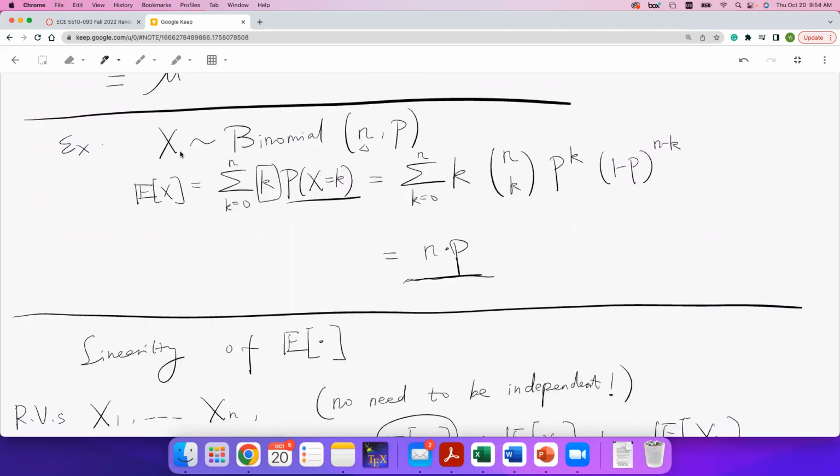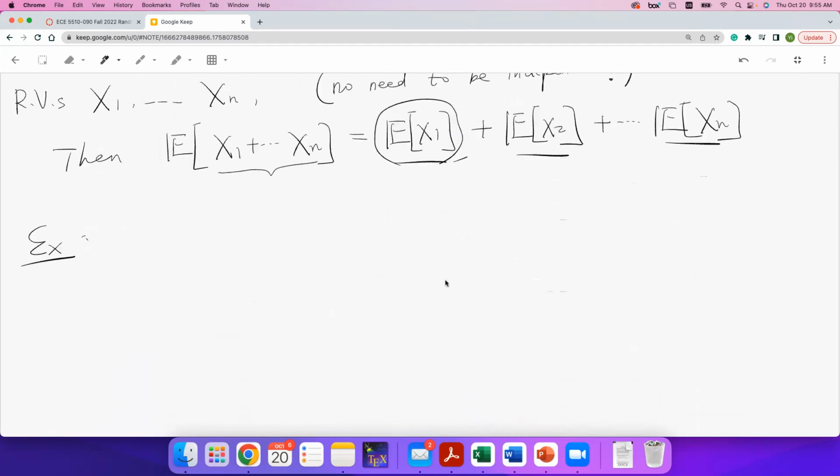Okay, right here we consider the mean, the expectation of this binomial random variable. And directly computing this following the formula is complicated because in the end we will have to work out this summation. A lot of combinatorics involved in it. But okay, let me write it here.